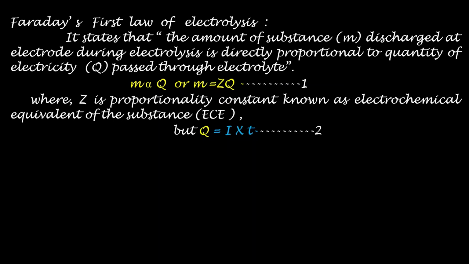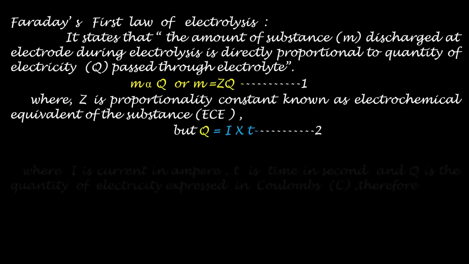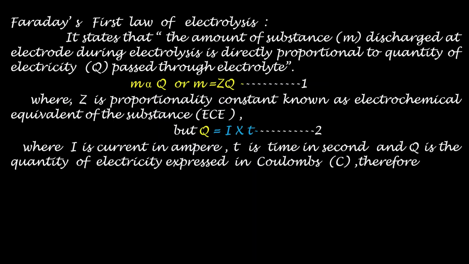If we multiply the current with the time, that gives the quantity of electricity, which is expressed in coulombs.